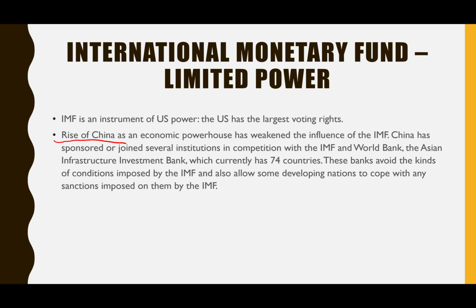So, that is a direct competition to what the IMF is currently doing. And the Asian Infrastructure Investment Bank does avoid the kinds of conditions imposed by the IMF. So it does allow some developing nations to maybe go to them instead of the IMF. So this is where the IMF may not be able to actually influence countries.